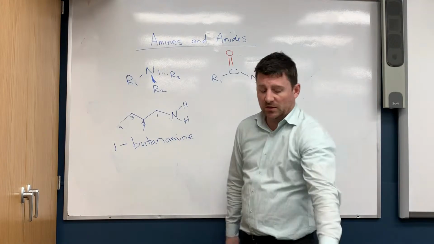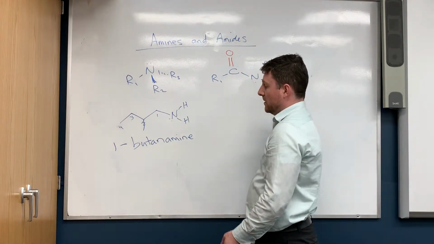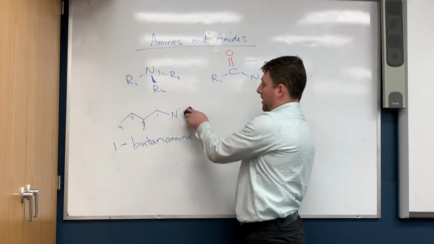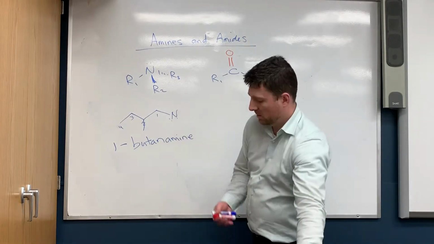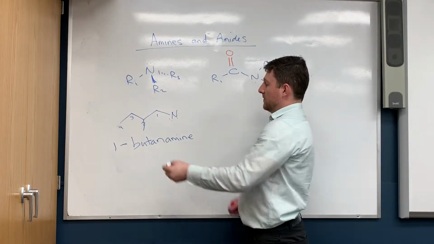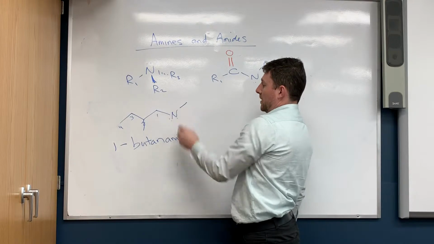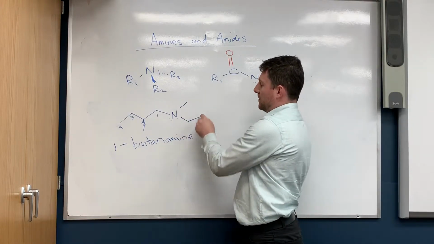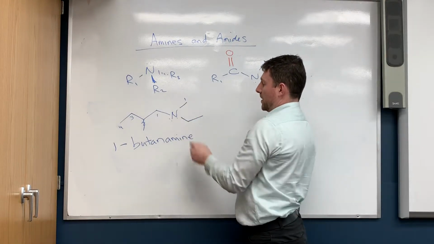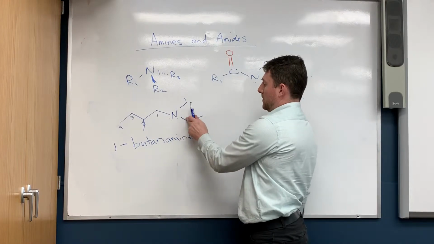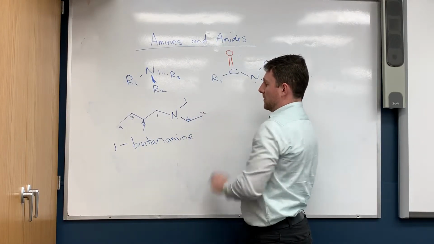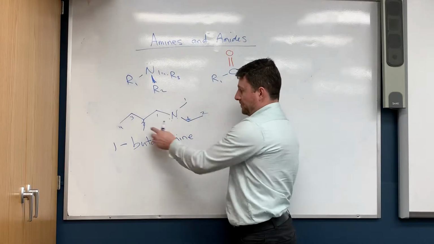So then the question is, what do we do if we add other carbon chains to our nitrogen? Instead of the hydrogen, I could put a methyl group there, which has 1 carbon, and then maybe an ethyl group there, which has 2 carbons.